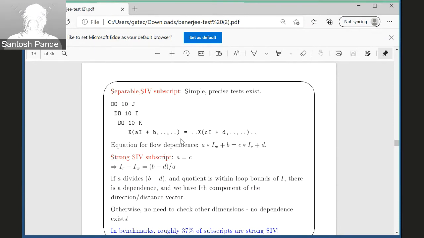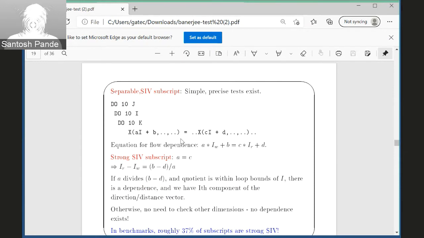And this occurs again a lot, that A is equal to C, the coefficients of the array, the loop index variables are the same, which map them to the arrays.